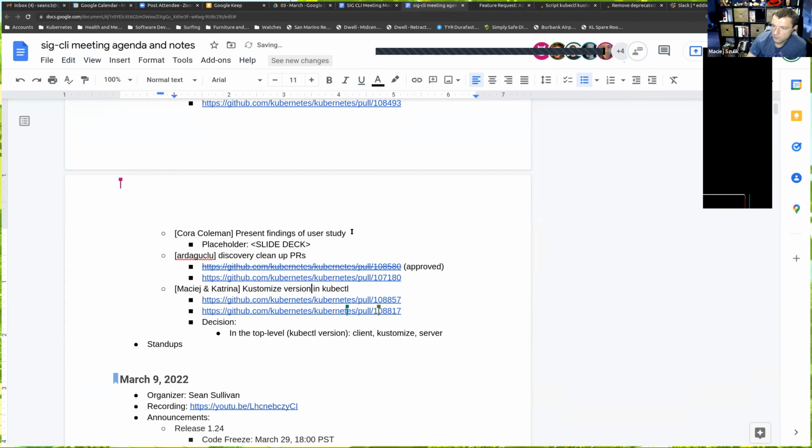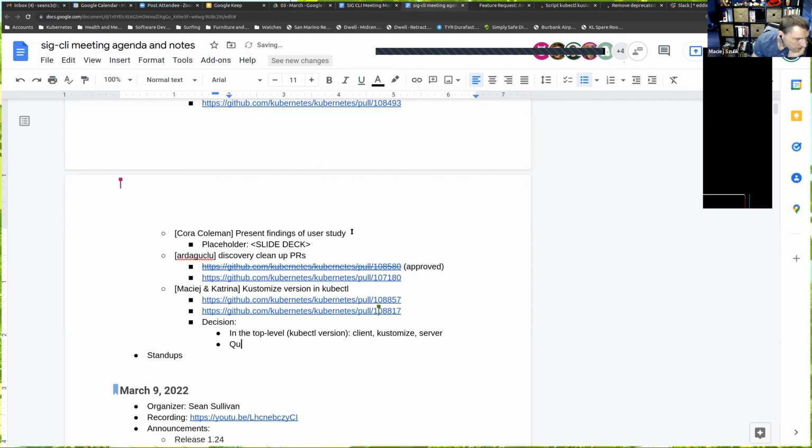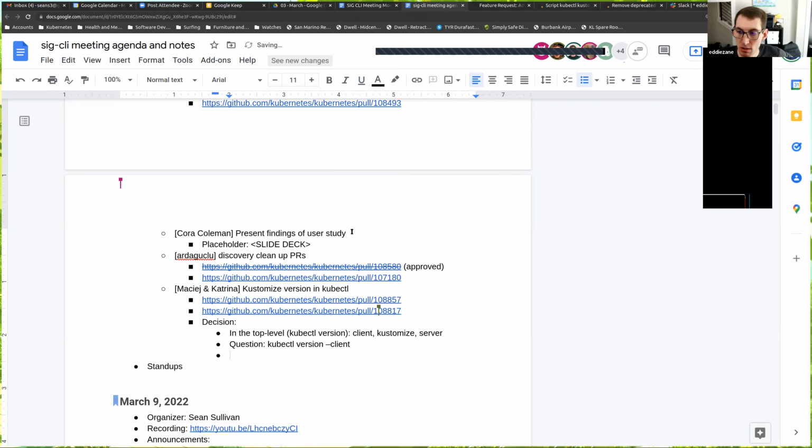Yeah, that's perfectly fine. And what does --client mean? Does --client show customize and client now? Oh, I haven't thought about that one. Should we have like a --customize instead of adding its own, oh, sorry, go ahead. I just wanted to point out that --client is a Boolean.